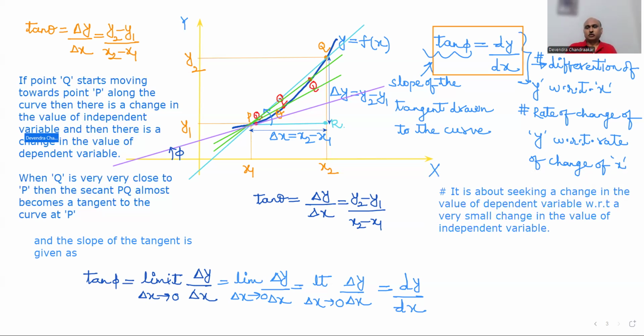I hope this is clear to all of you. Yes or no? This is what differentiation is all about.